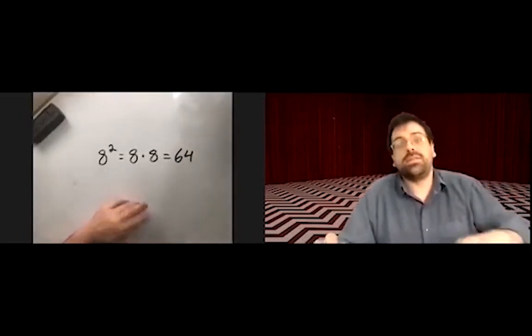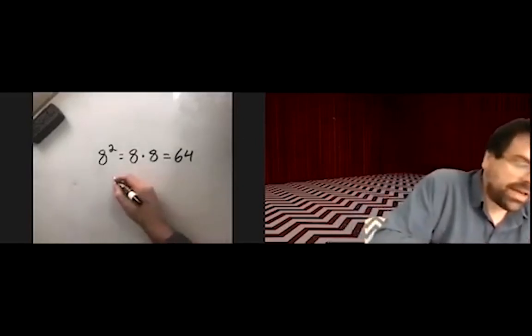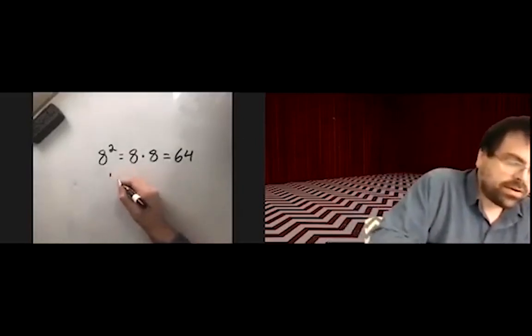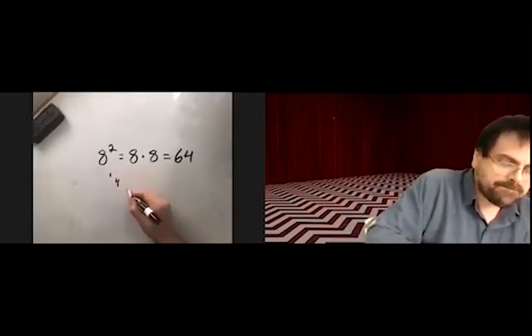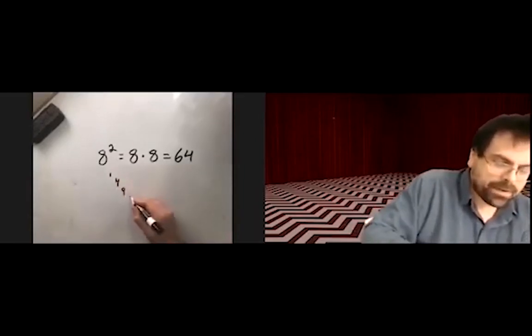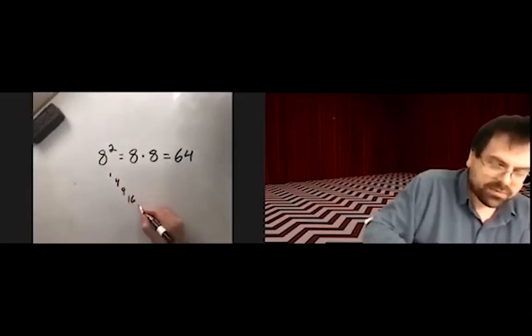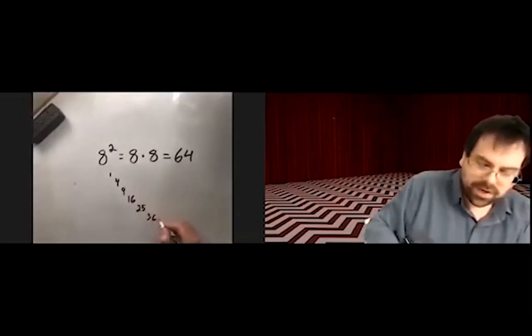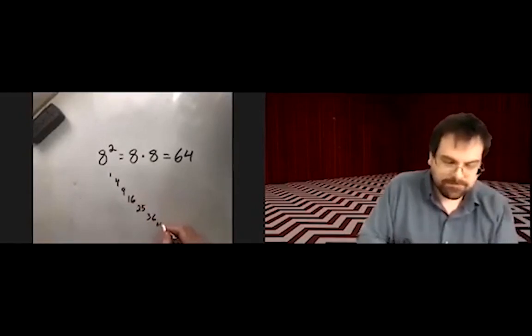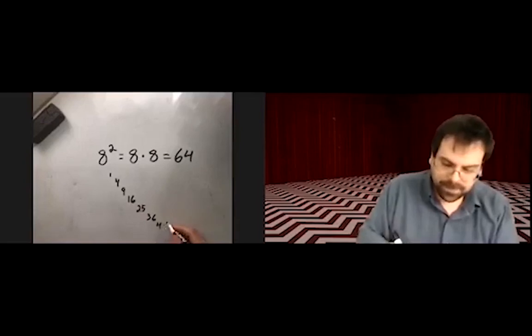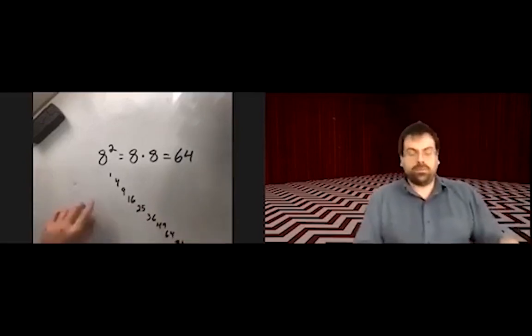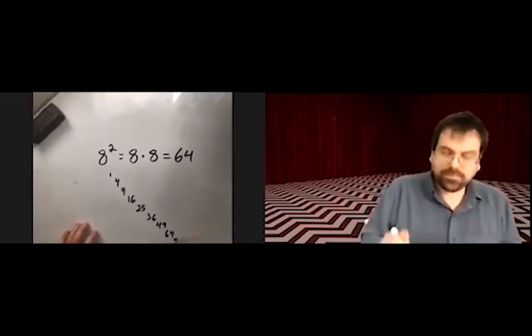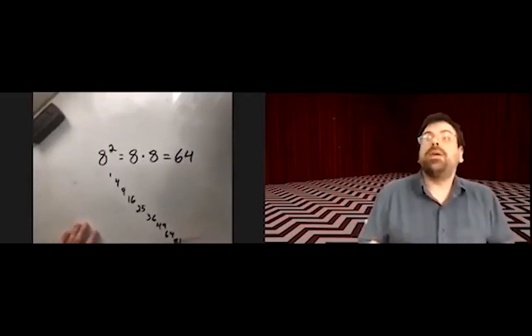The squareds are actually in your multiplication table that you can make. Write down the diagonal. There we go.